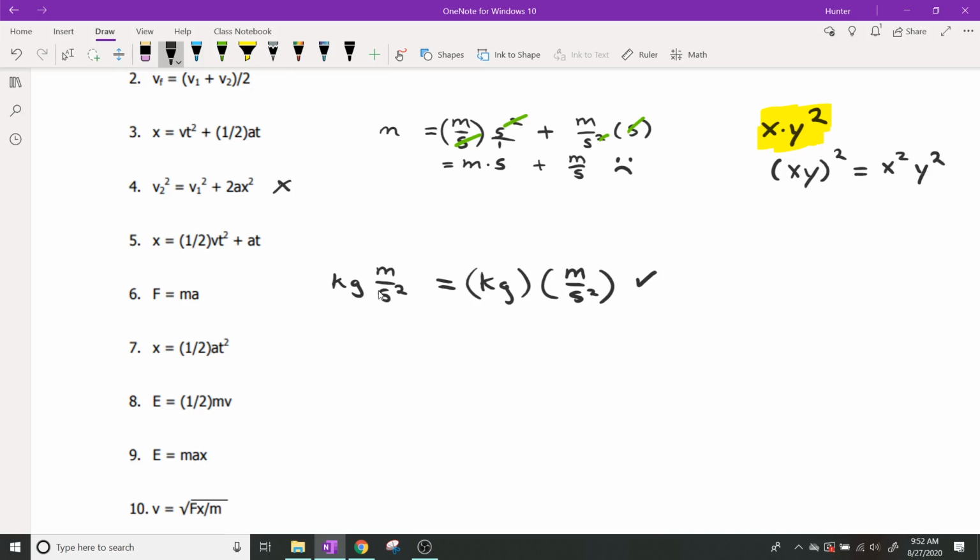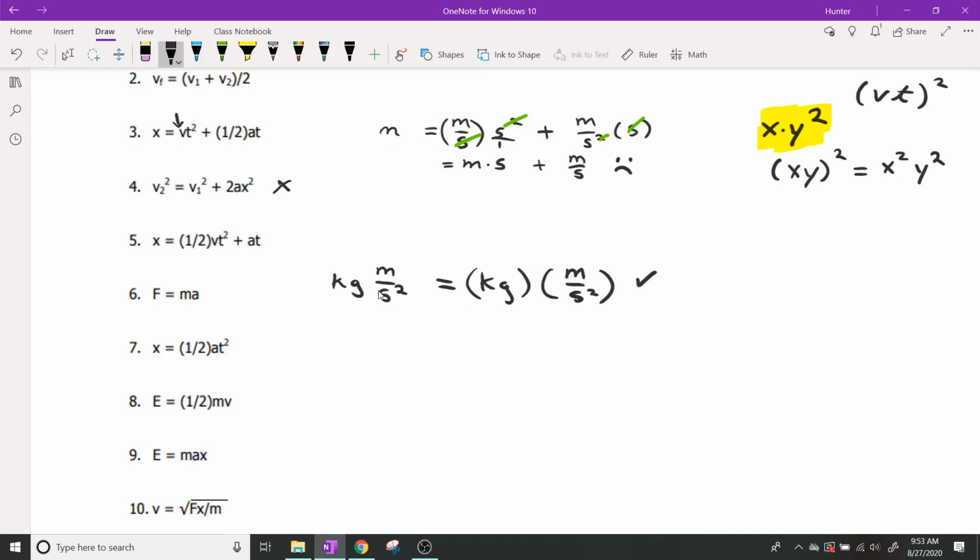So how do I know whether or not this velocity would be squared or not? Because this is v times t, but there's no parentheses there. So if there's no parentheses, then it's regular velocity times time squared. If the velocity was squared, it would look like parentheses vt squared. And that would be squared velocity, squared time. Okay. That's a good question.